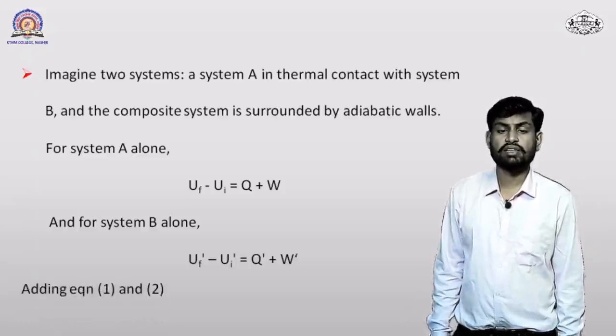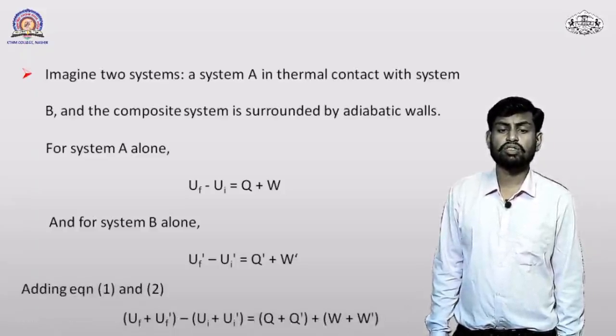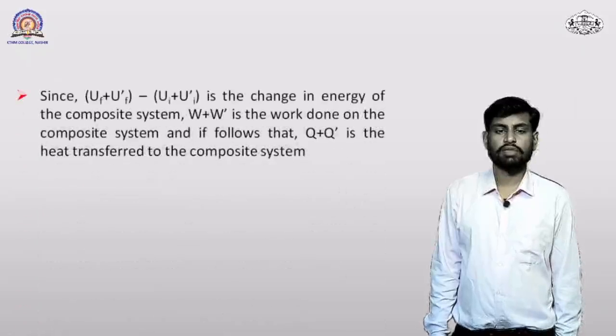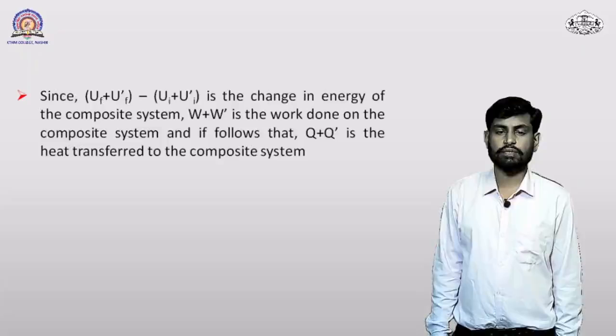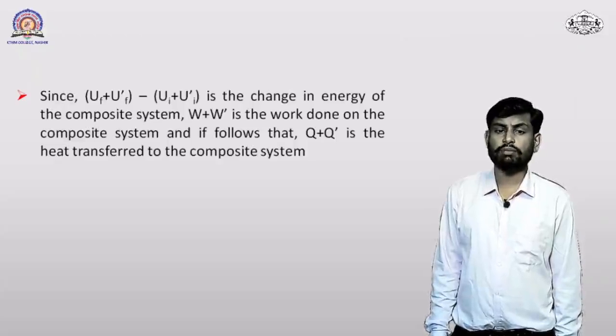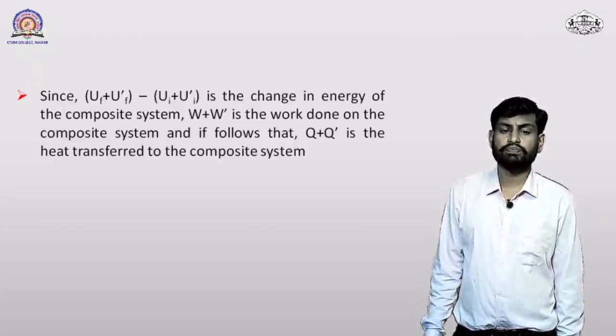Adding these two equations, UF plus UF dash minus UI plus UI dash is equal to Q plus Q dash plus W plus W dash. Since UF plus UF dash minus UI plus UI dash is the change in energy of the composite system, meaning final state minus initial state, W plus W dash is the work done by the composite system, and it follows that Q plus Q dash is the heat transfer to the composite system.